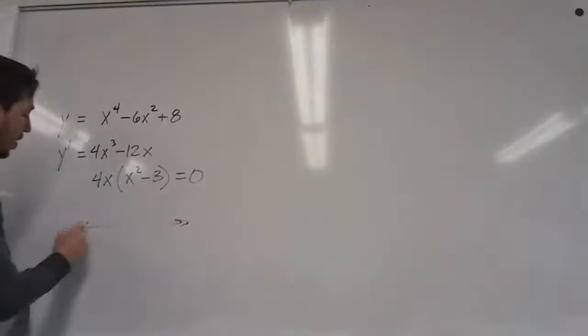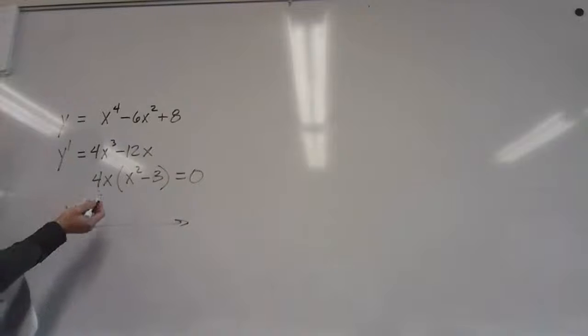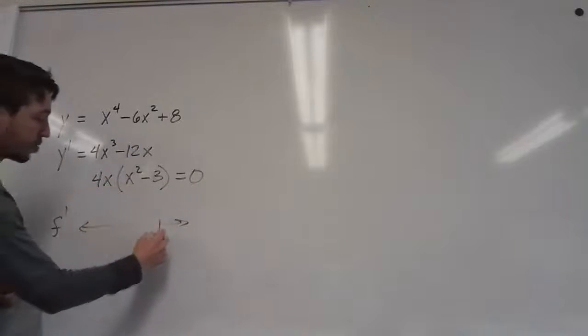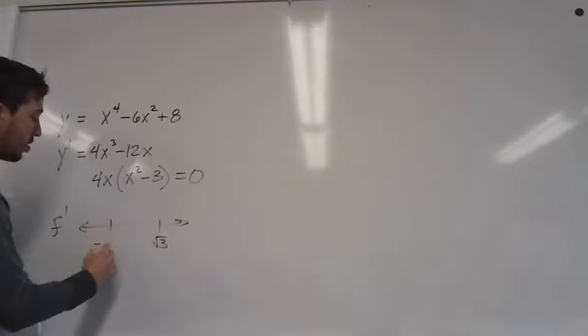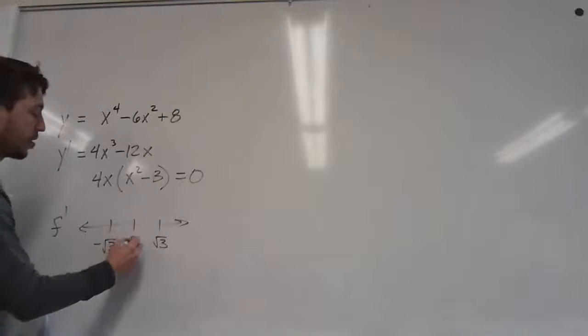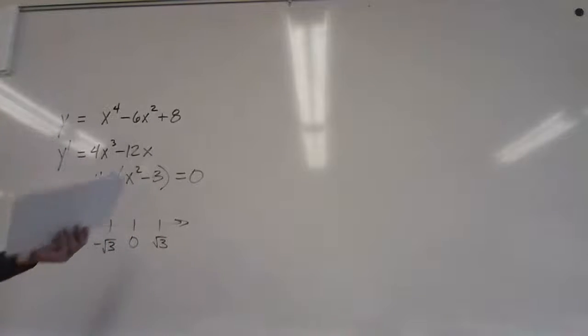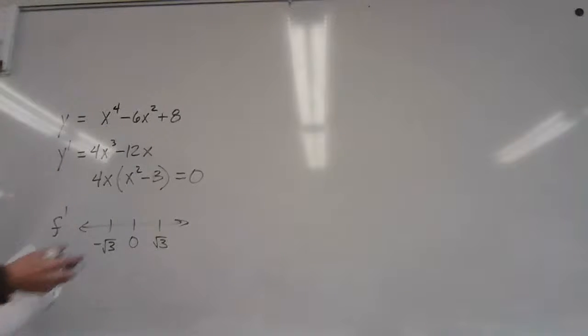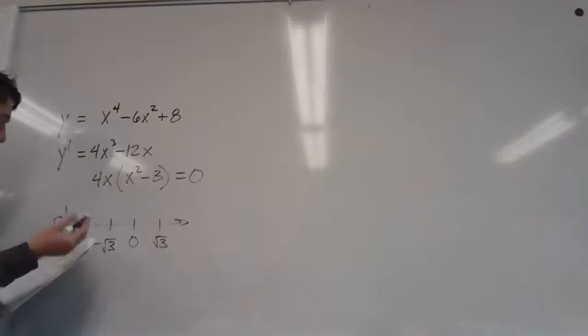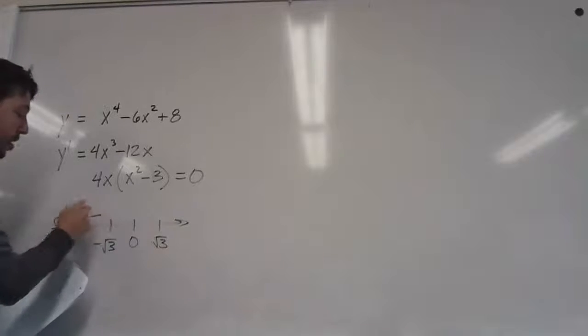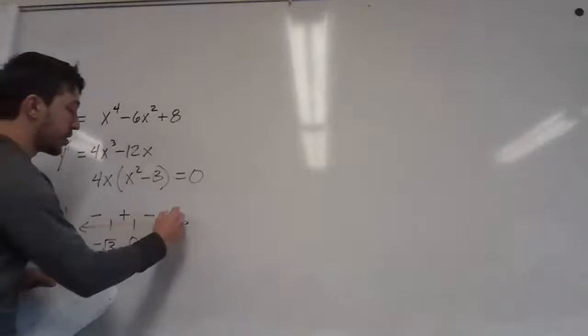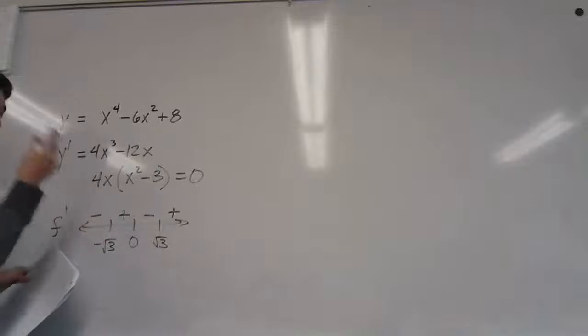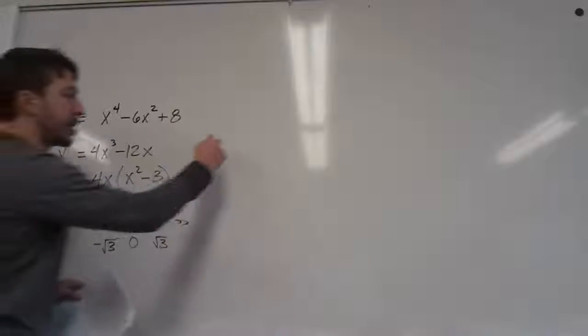Your F prime number line has root 3. Guys, if you already know this one and you don't want to listen to it, just do another problem. There's your F prime number line, and if you test that out, you're going to get decreasing, increasing, decreasing, increasing, which hopefully would agree with a 4th degree polynomial that can look something like this.